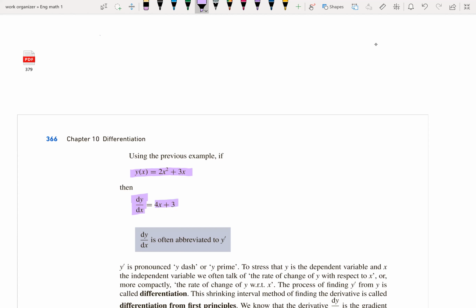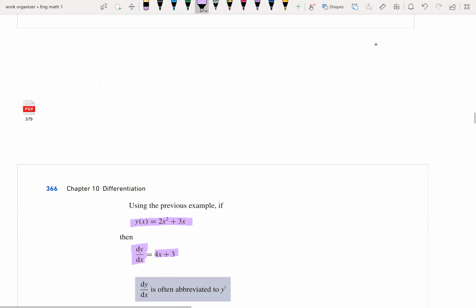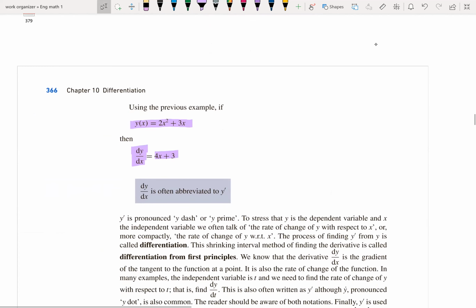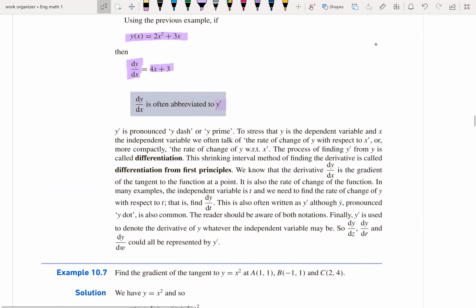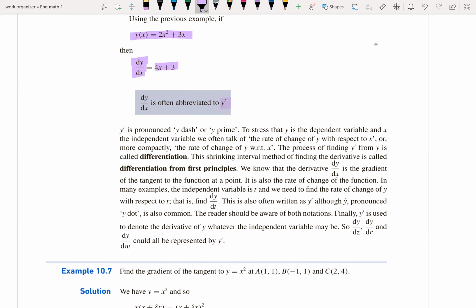Based on the previous example, I'll just check above. We can also denote differentiation by y prime, which means y prime is the rate of change of y with respect to x.